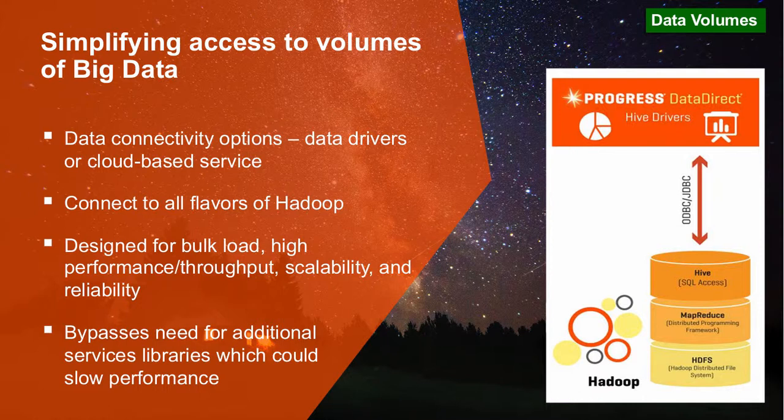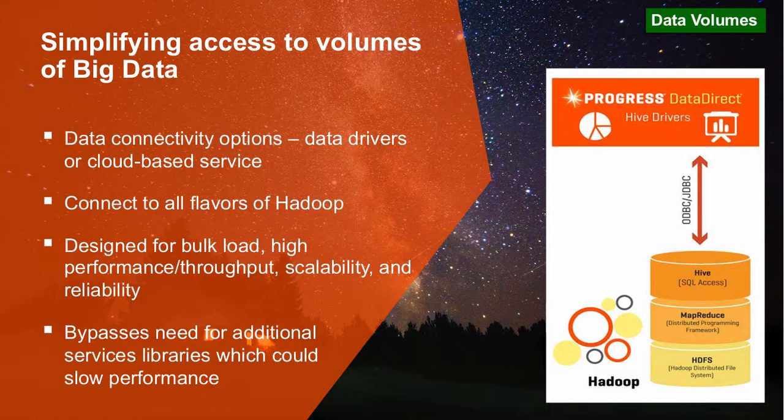On the right-hand side of the slide, I show our support for Apache Hive, which comes with all of the popular commercial Hadoop distributions out there like Hortonworks, MapR, IBM Big Insights, and Cloudera. They all provide some version of Apache Hive. So we at DataDirect have ODBC and JDBC drivers that access Hive data directly.